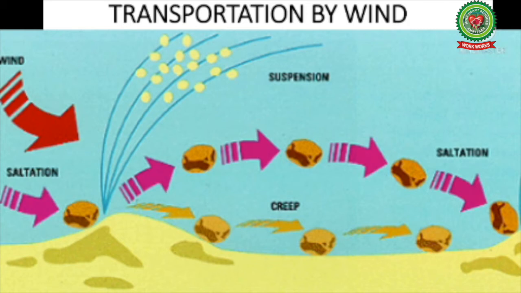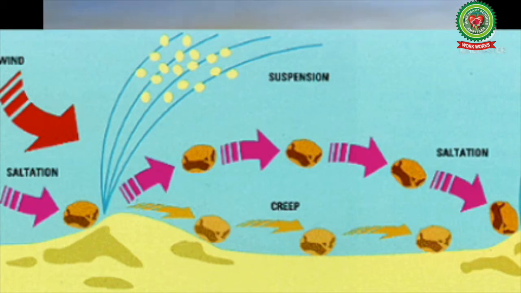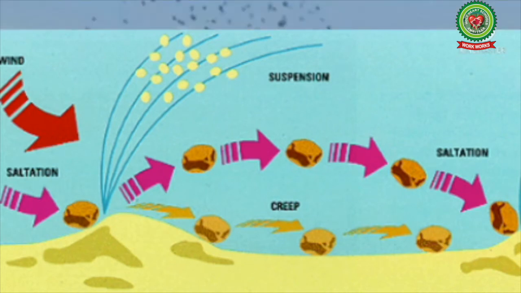There are three distinct types of wind erosion: creep, saltation and suspension. Laboratory studies have shown that more than half of all the soil eroded by the wind is moved by saltation, with the remainder about equally divided between suspension and surface creep.